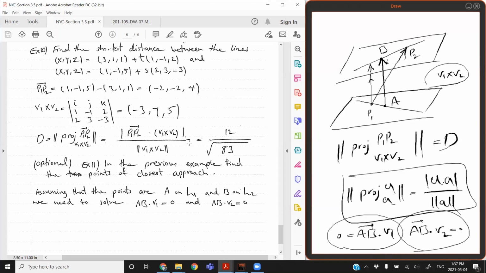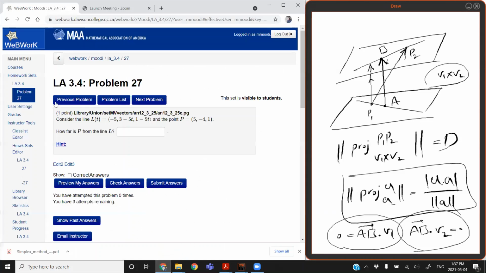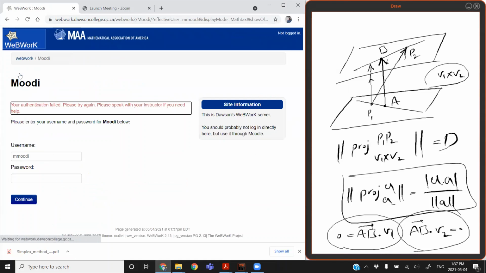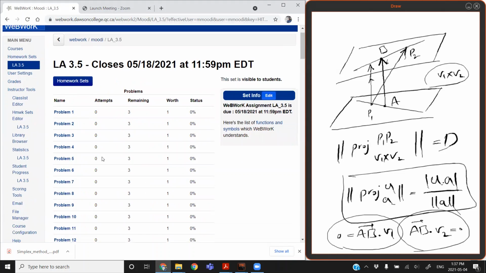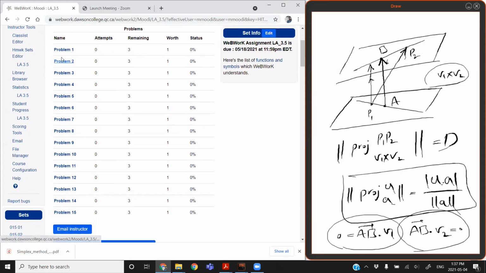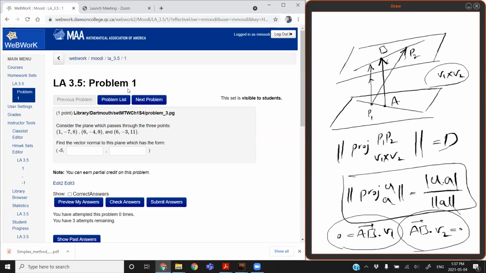Okay, I'm going to end my lecture here. And for the rest of the time, I want you to work on the examples, work on the exercises from WeBWorK. I have already opened the set. So let me just make sure. Yeah, 3.5. So these are all about using the cross product. Work on these exercises.